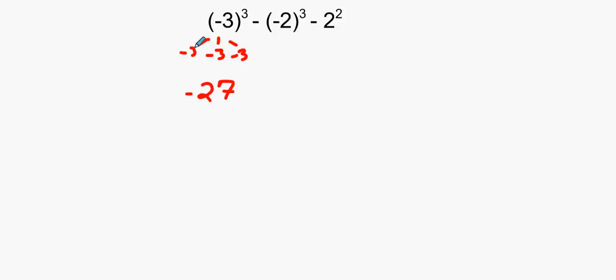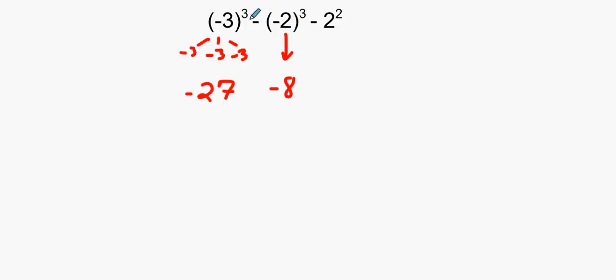An odd number of negatives is a negative number. Skip this for now. Look at this. We have a negative 2 times itself 3 times. If you multiply a negative 2 by itself an odd number of times, will it be positive or negative? Odd number of negative signs means negative, doesn't it? Negative 2 to the third is negative 8. Follow me? That was the answer for this.